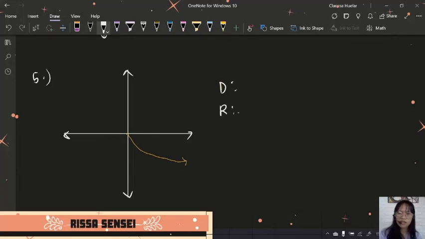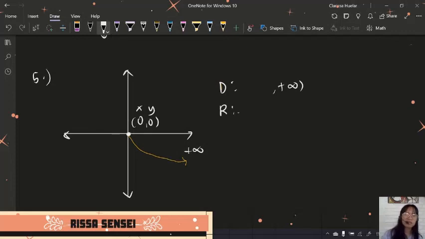So, yung domain natin, kung mapapansin nyo, huminto siya dito sa gitna. Eh, ano bang coordinates ng gitna? Di ba, 0, 0. Ibig sabihin, yung graph natin, huminto lang siya kay 0, 0. Hindi na siya pwedeng mag-go beyond 0, 0. So, yung direksyon, papuntang kanan lang. Ibig sabihin, sigurado tayo na papunta siyang positive infinity. Okay? Pero mula saan? This is x and this is y.